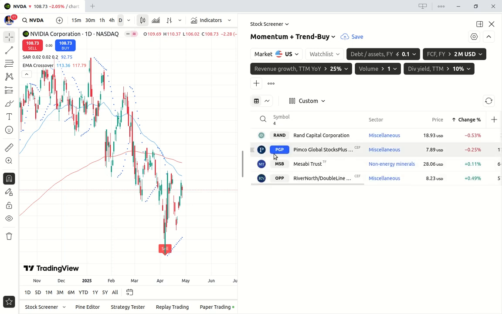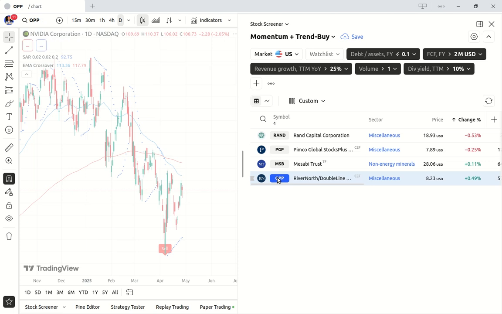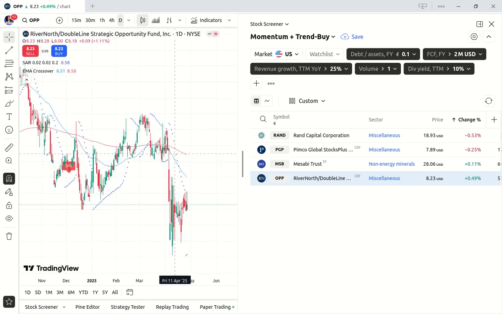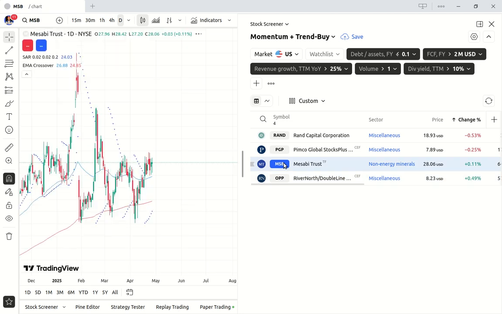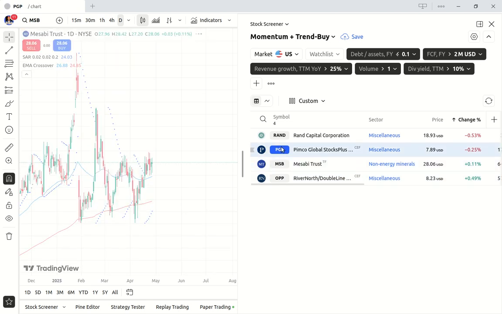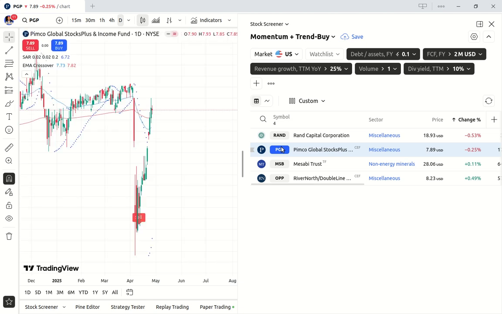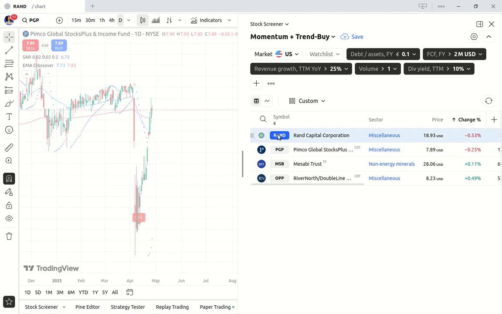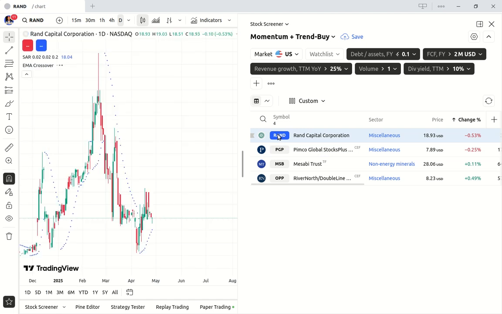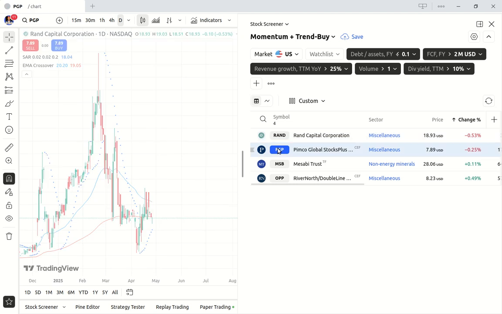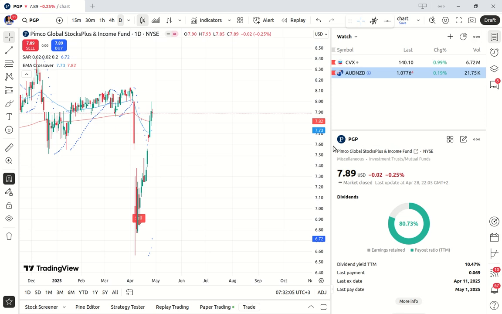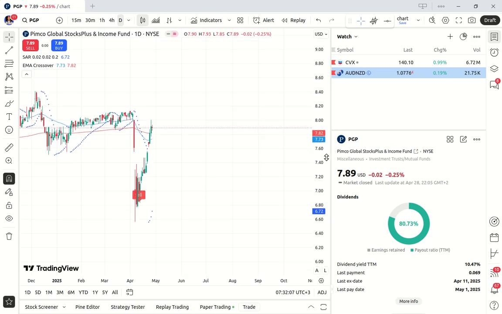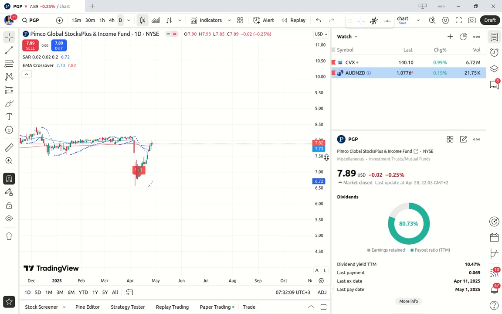Boom. So the point I'm trying to stress to you is look at the price of the companies. Notice the chart patterns. Probably the one that you can afford most likely would be this one. I know this is not perfect, but I want you to notice the similarities.